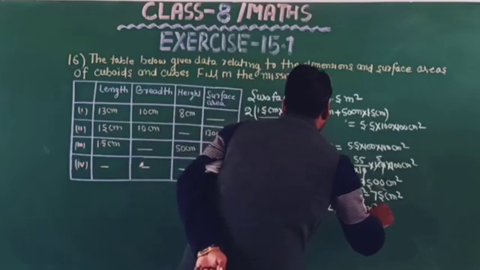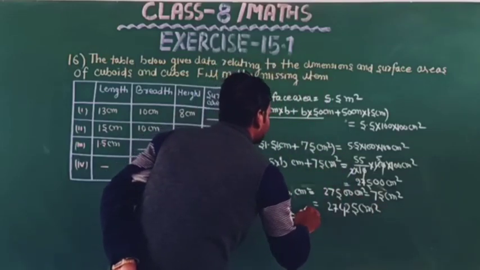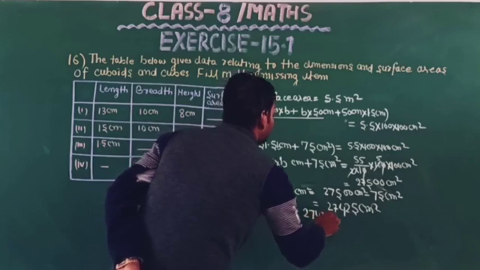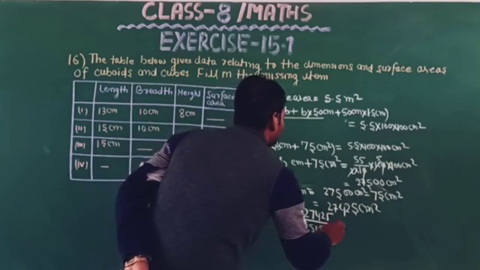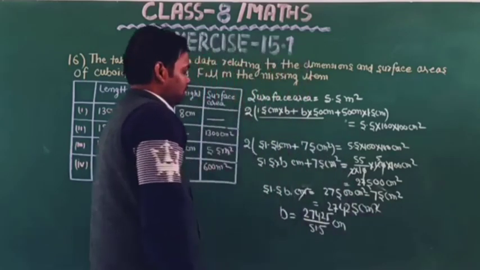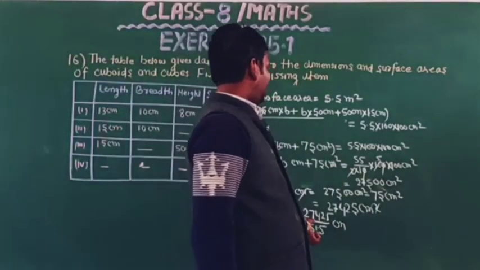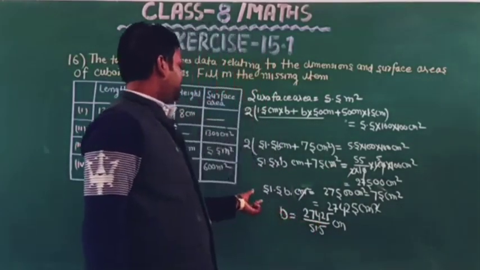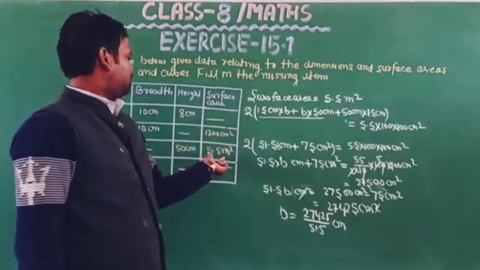Centimeter square. This is centimeter, and the value of B equals 27425 divided by 55 centimeter. Centimeter cancels out, so we will get the value of B, but the answer in the question does not match.